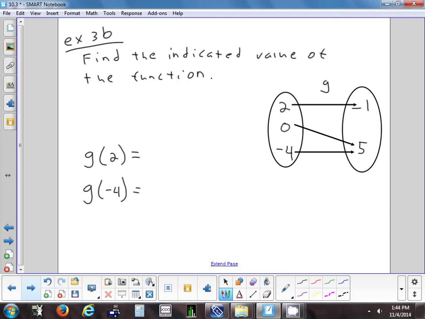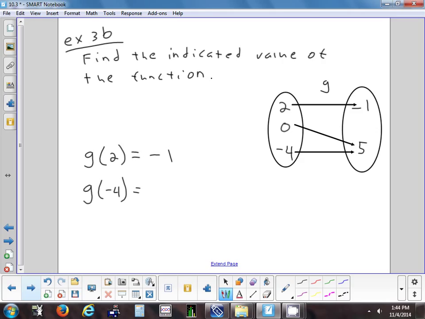Okay, what did they do different on this one? In terms of, look at what's different here. Yeah, they changed the letter. This time they're calling it function g. That's fine. Okay? So take a look. When you plug 2 into function g, again, think of it as a machine. What number comes out? Negative 1.